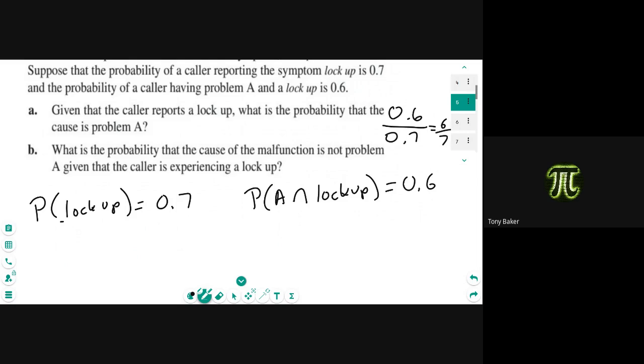Okay. Do we know what the probability of A is? 0.6. No, that's the intersection. So what's the probability that the malfunction is not problem A given a lockup? We know this is the probability that it's A given a lockup, right?